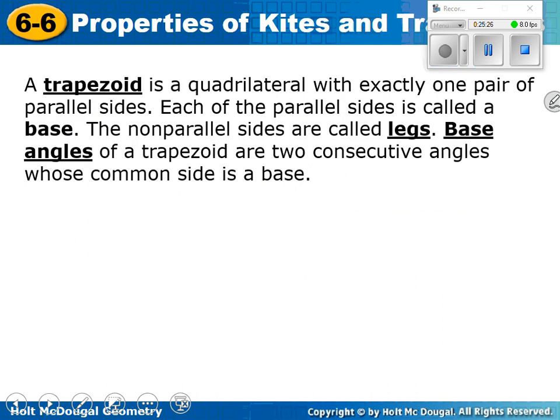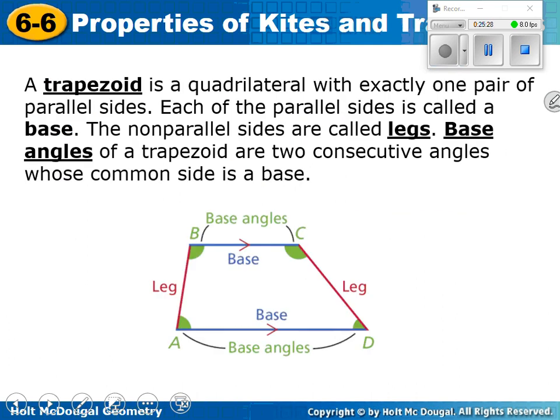Last shape we have to talk about is the trapezoid. The trapezoid is going to have two kinds of trapezoids. A regular trapezoid and then an isosceles trapezoid. Starting with the definition for a trapezoid. The definition says it is a quadrilateral. It is not a parallelogram.